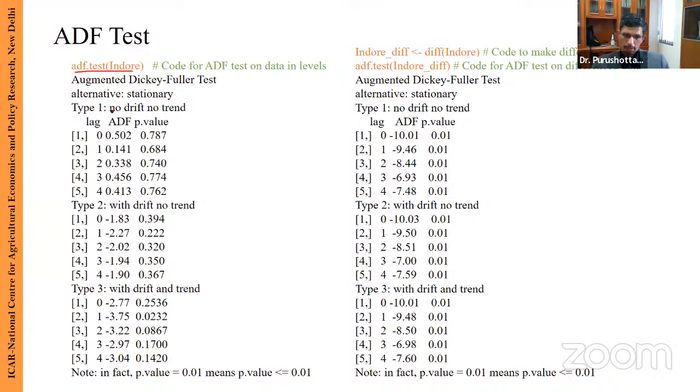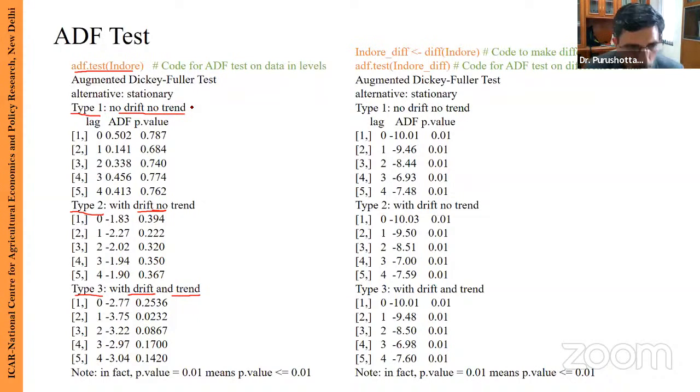So again, this Dickey-Fuller or augmented Dickey-Fuller test, a stationarity test, which we can have of three types: whether there is any drift in the series, drift and trend present in the series, or there is no drift and no trend in the series.